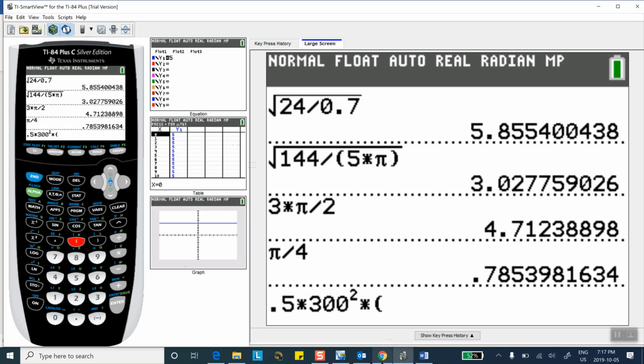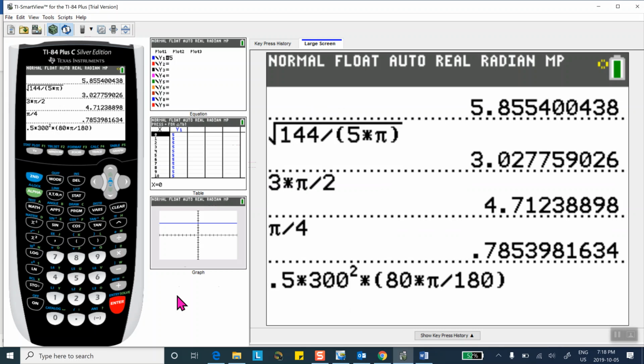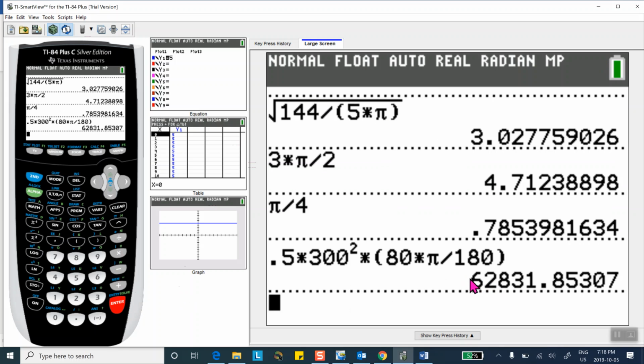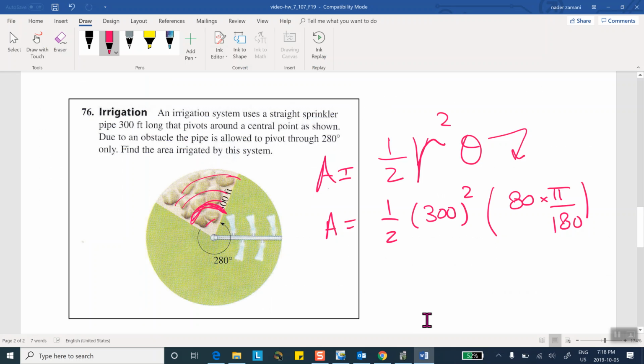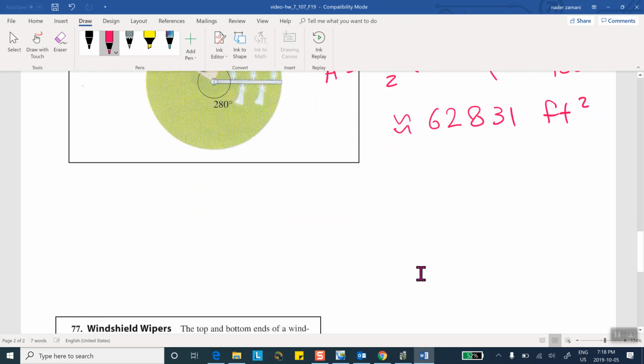It was 80, right? 80 times pi, and divide it by 180, close the parentheses, and it's going to be this many square feet, 62,831. Approximately 62,831 square feet. Okay, that takes care of this.